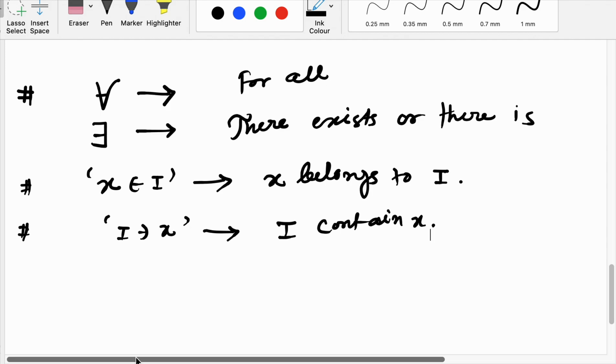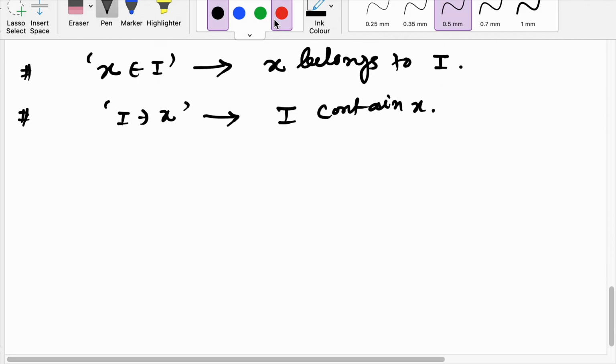So using these quantifiers, how can you write this definition?